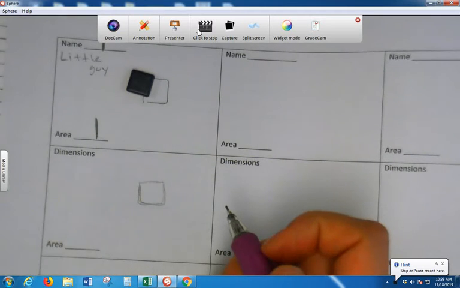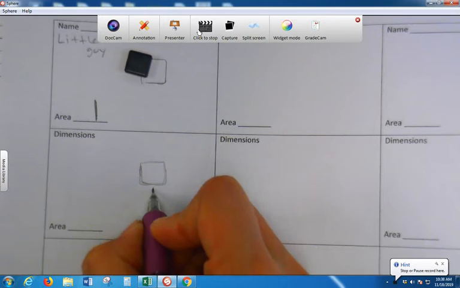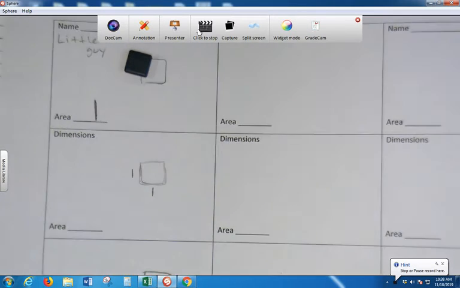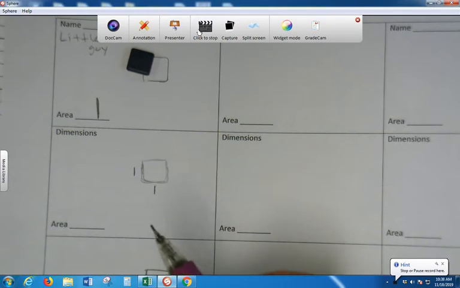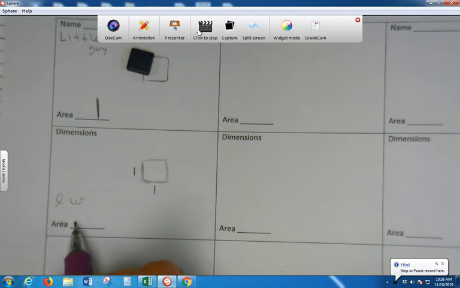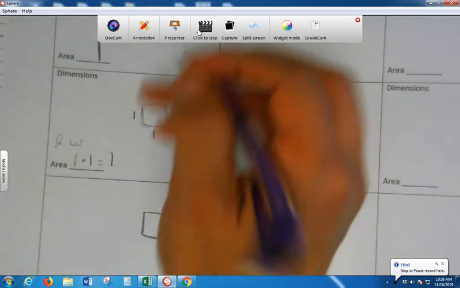I'm going to tell you that the length of this is 1 and the width is 1. So how do I find the area of a square? I would multiply length times width. So I would do 1 times 1. And what is 1 times 1? 1.